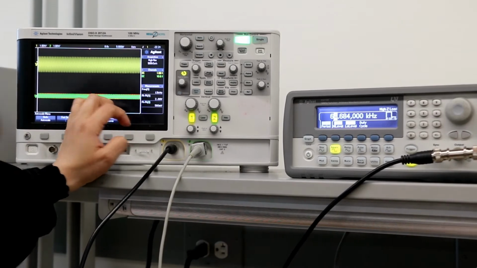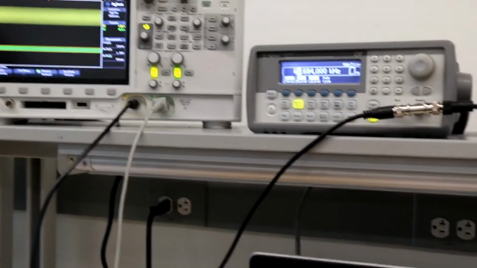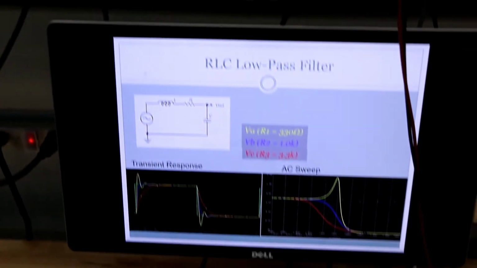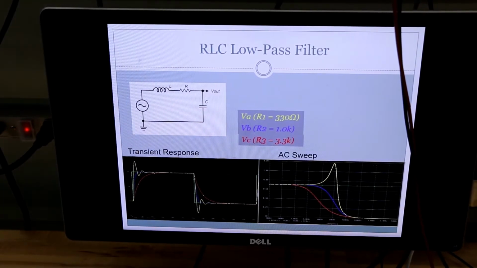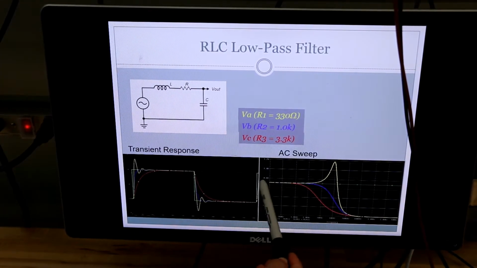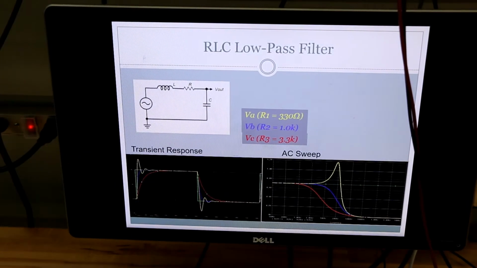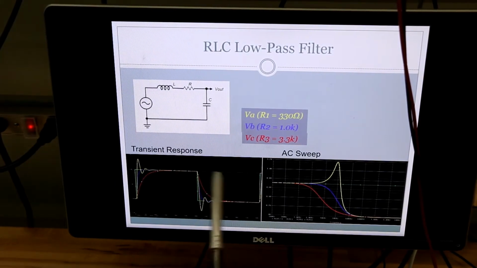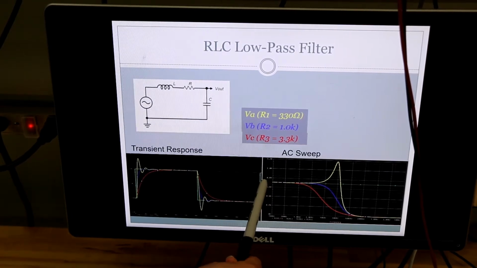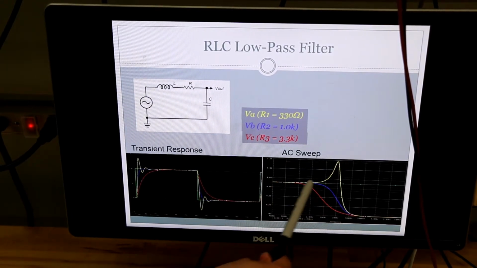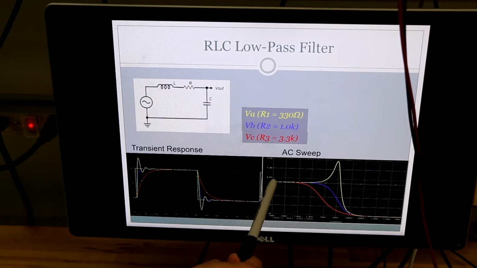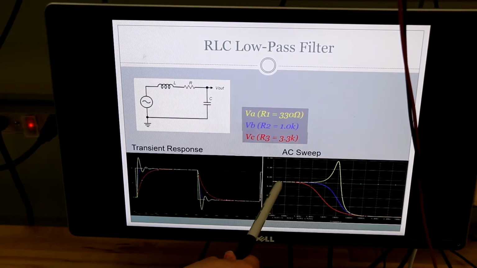So the yellow waveform here represents the AC sweep for the underdamped. The green waveform is the input voltage, and we can say that the input voltage here is 2 peak to peak. The output voltage, peak to peak 2, below the resonant frequency is around the same as the input voltage.